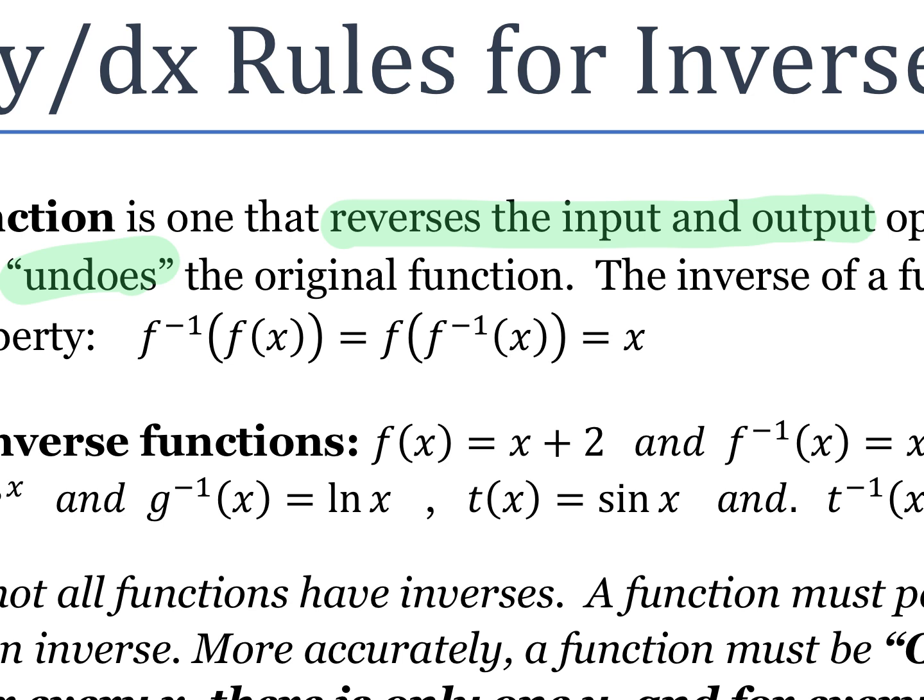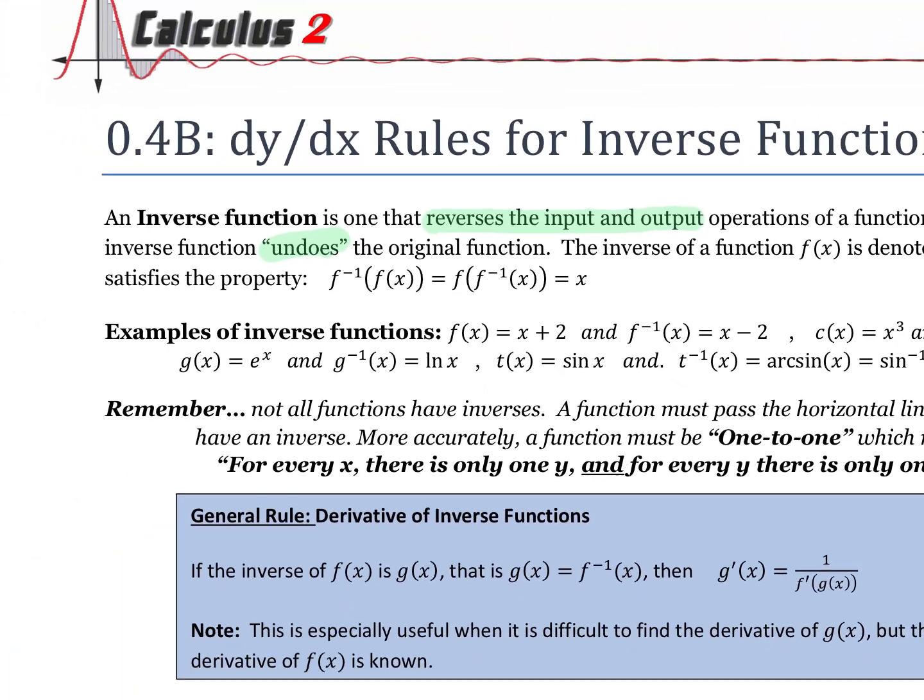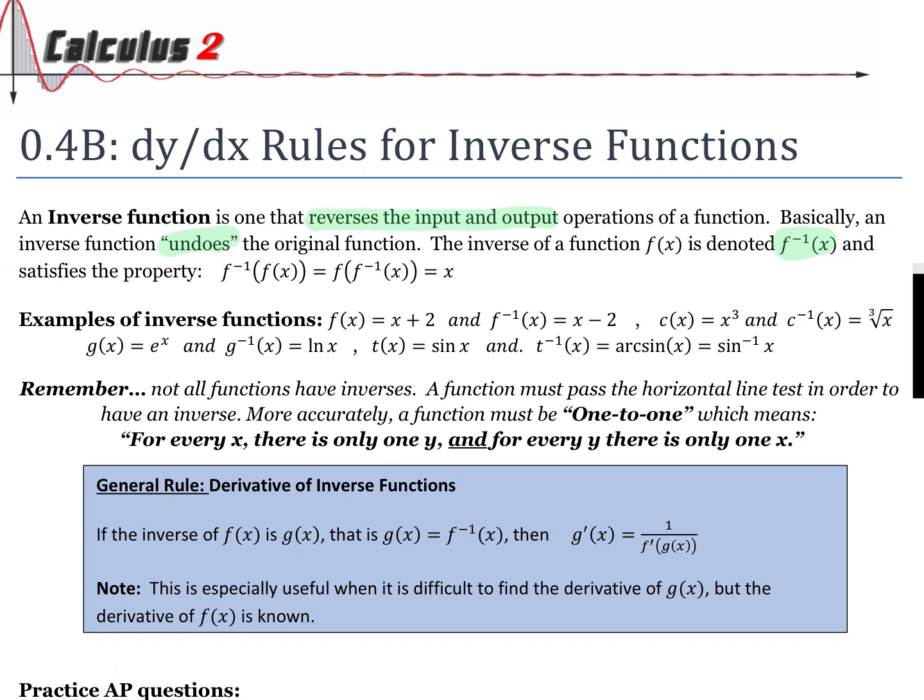All right? So this is just showing that one of them undoes the other. X goes into the inverse, and that goes into the original, and x comes out. X goes into the function, and what comes out of there goes into the inverse, and x gets spit back out. All right? So they're undoing. That's what that notation is showing there.